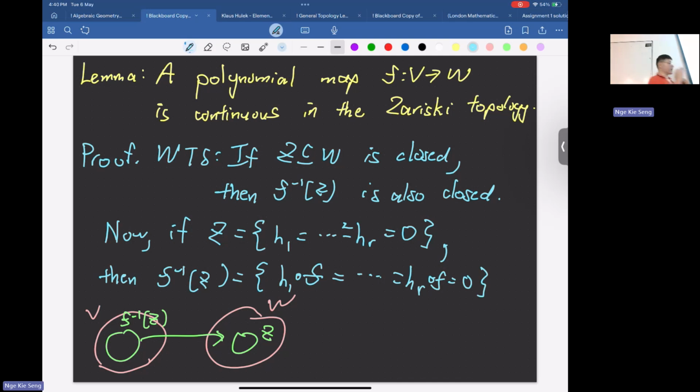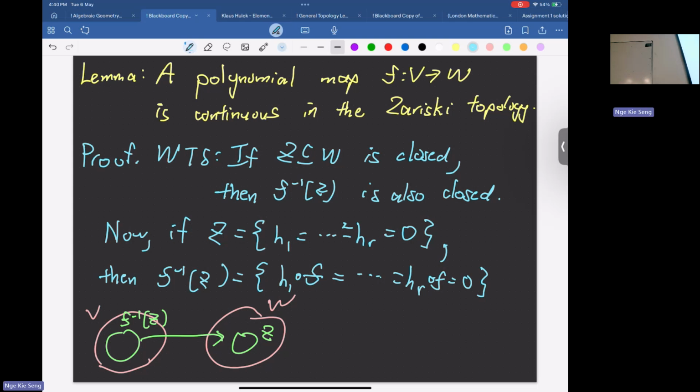If you cannot see this, maybe you need to see this equality here. Left hand side in the right hand side, right hand side in the left. But when you think about it, is it clear? Whatever is in this pre-image, if you want to map into Z, meaning what? Every point that you take here, you use f to go to Z. To stay inside Z, you need to satisfy all the algebraic equations.